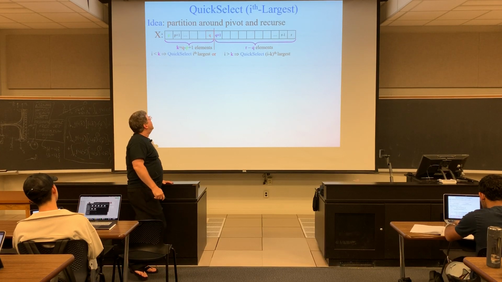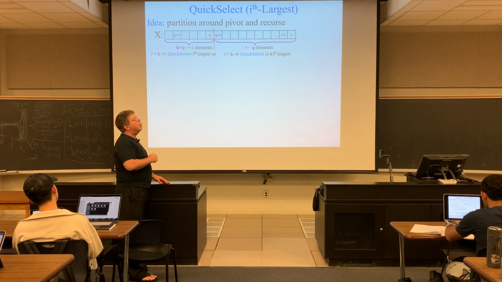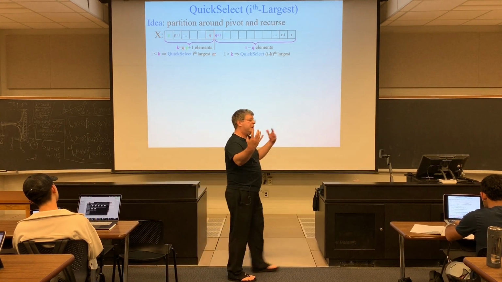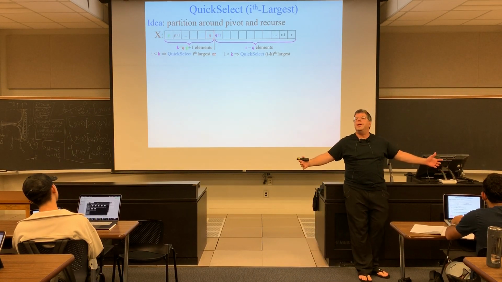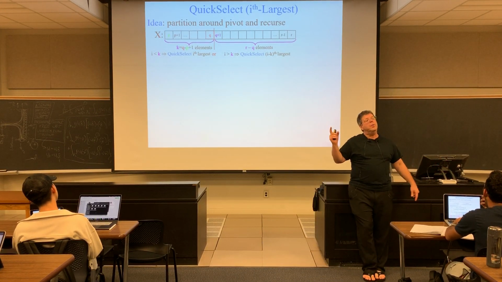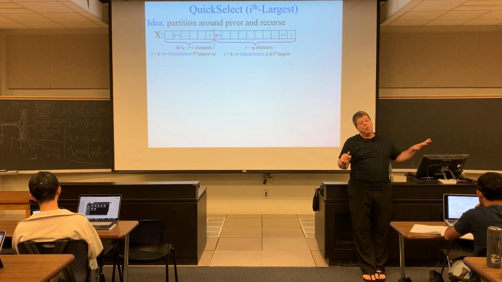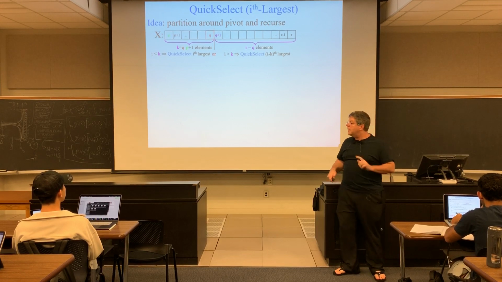But keep in mind that we're only recursing on one group or the other, but not both. In quicksort, we recurse on both pieces because we have to. We need to sort the whole thing. But here, we're quickly converging on the piece that has the ith largest and ignoring the other piece. So we only recurse on the one that actually contains the thing that we want, the ith largest, but not the other piece.